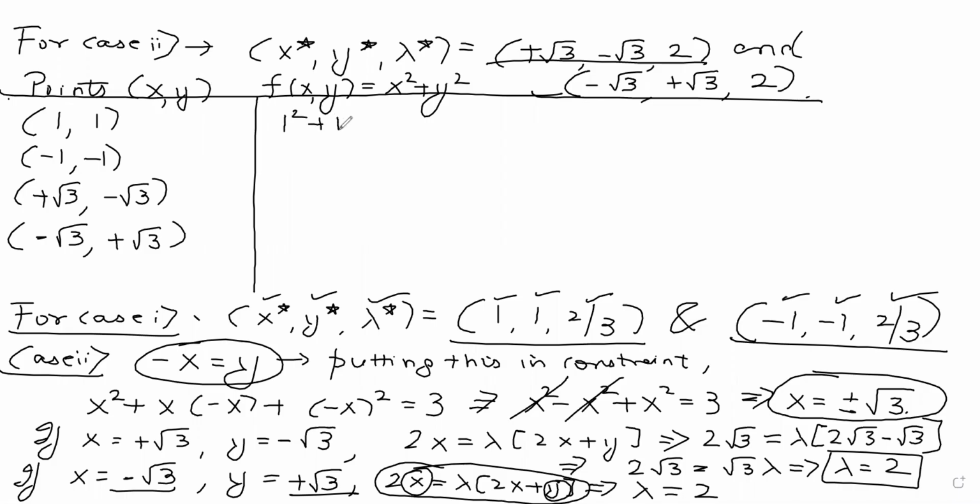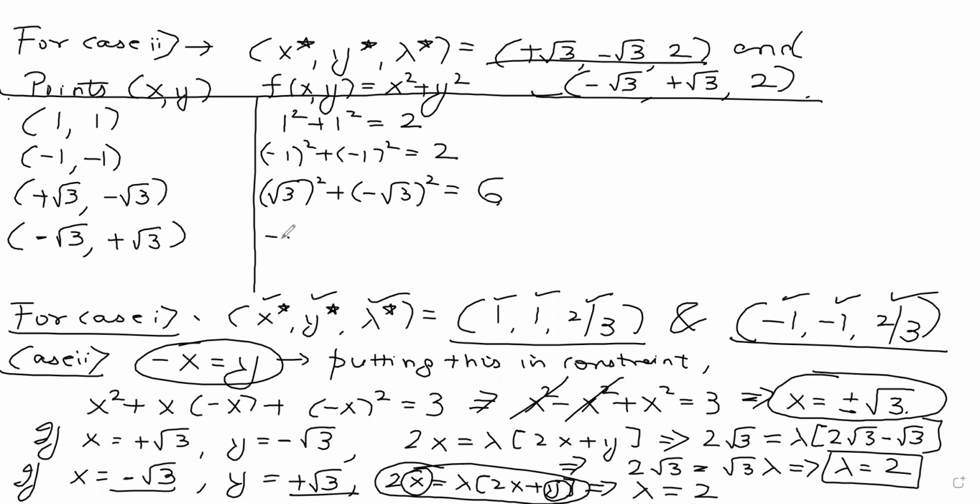So 1 square plus 1 square is 2. Minus 1 square plus minus 1 square is also 2. Root 3 square plus minus root 3 square is 6. And then again minus root 3 square plus root 3 square is also 6.